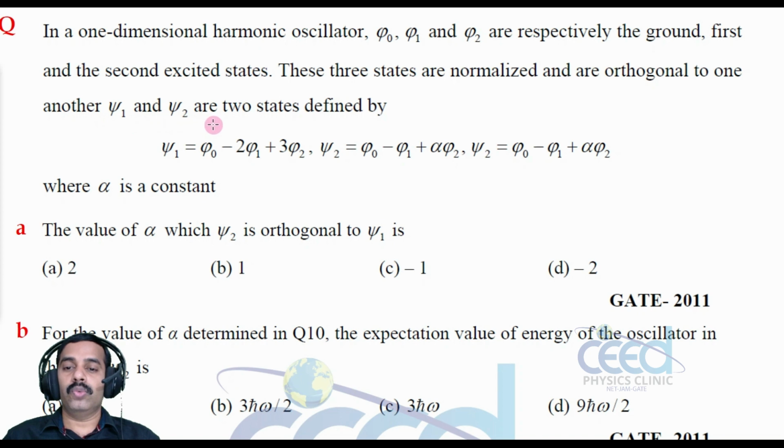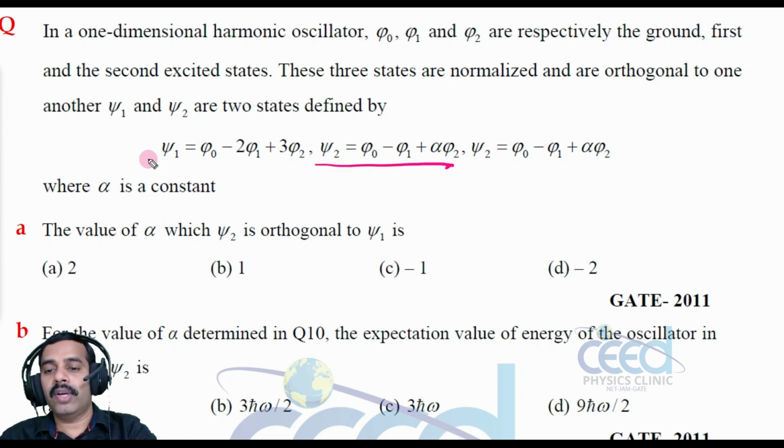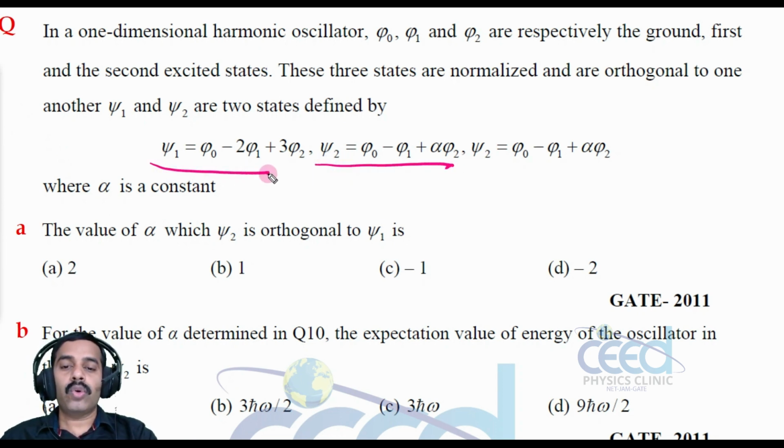Psi1 and psi2 are the two states defined by psi1 equals psi0 minus 2 psi1 plus 3 psi2, and psi2 is equal to psi0 minus psi1 plus alpha psi2, where alpha is a constant. Okay, now it is given the value of alpha for which psi2 is orthogonal to psi1, that is psi2 is this and psi1 is this, which are orthogonal means this inner product psi2 psi1 should be equal to 0.